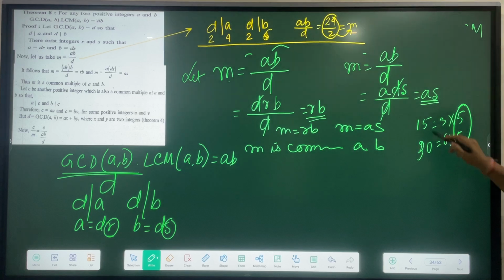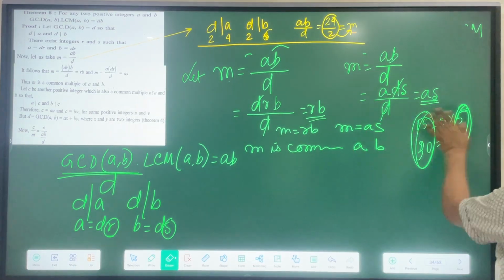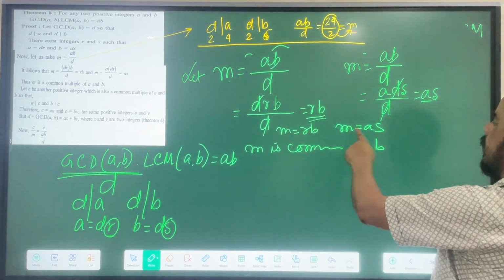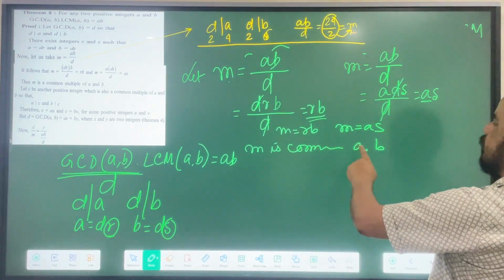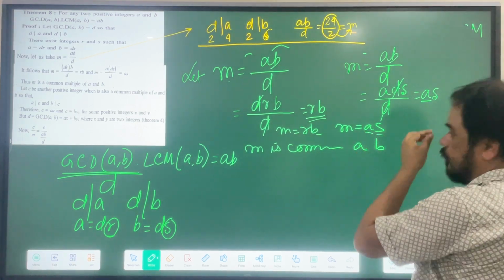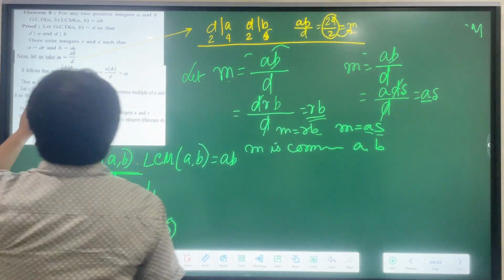So this one and this one are common. So M is a common multiple of A and B.